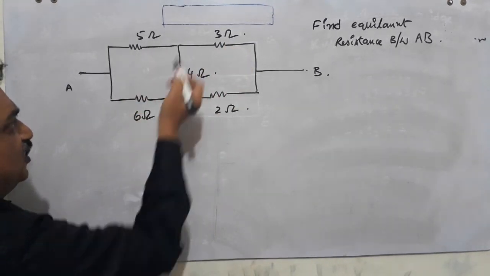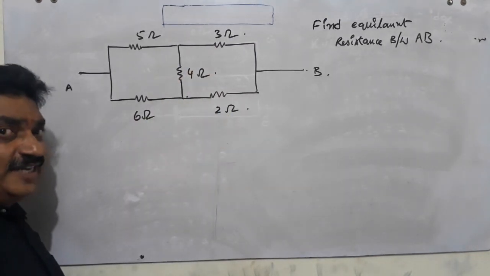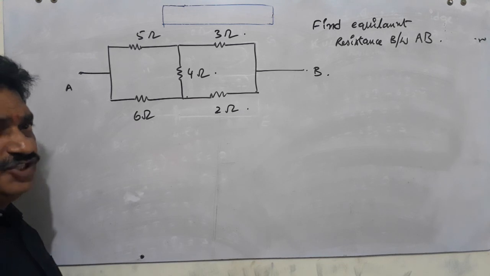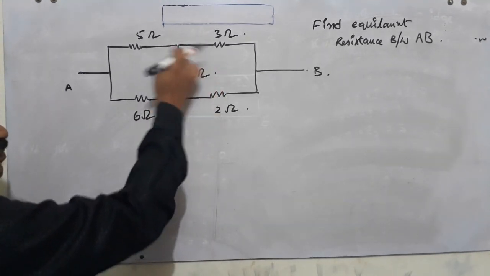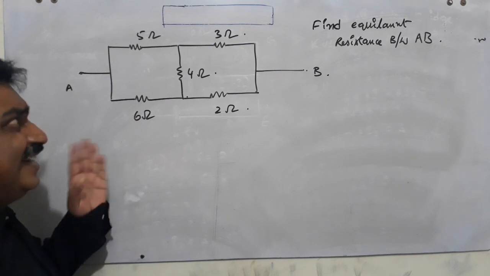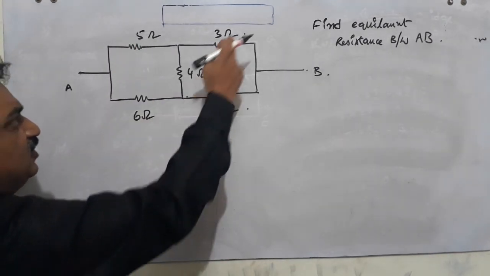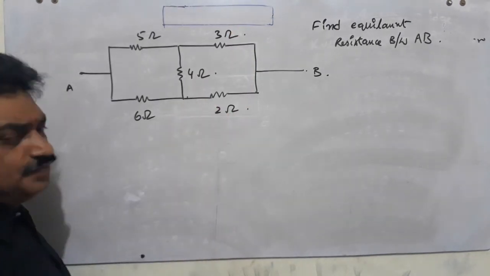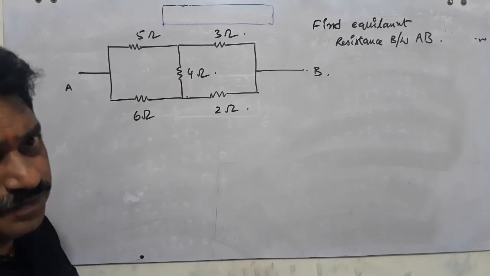If P by Q is equal to R by S, it is a balanced Wheatstone bridge, so that you can remove this middle resistor. But here it is not a balanced bridge. 5 by 6 is not equal to 3 by 2. That's why it is an unbalanced bridge.